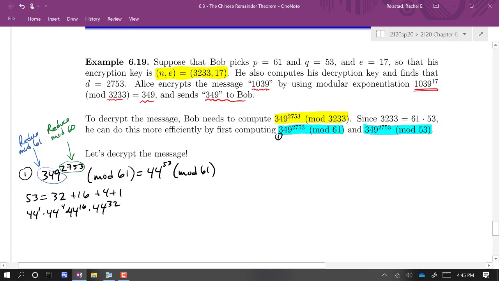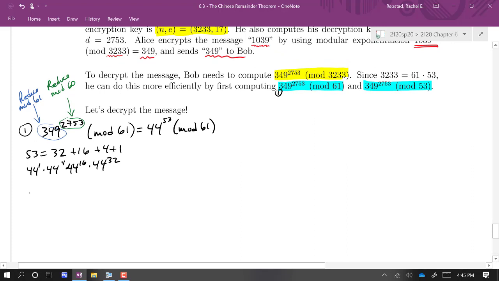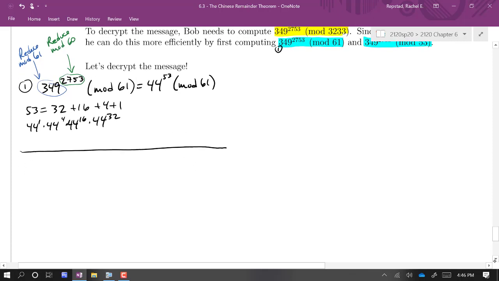Those are the desired factors. And we're going to make our little table. In this calculation, we're going to reduce everything mod 61 as we go.